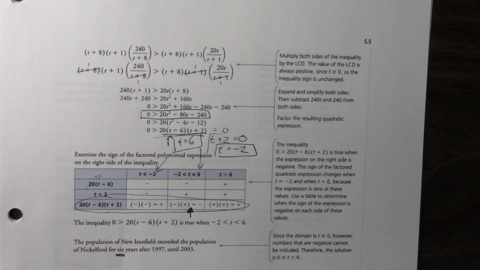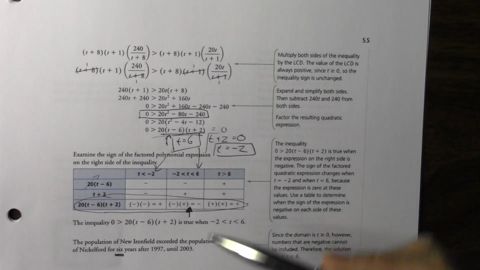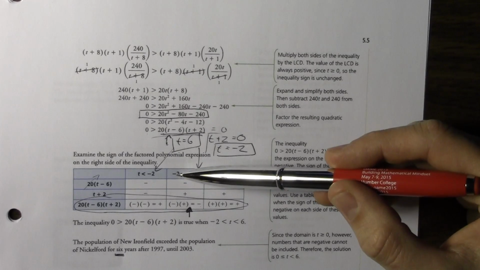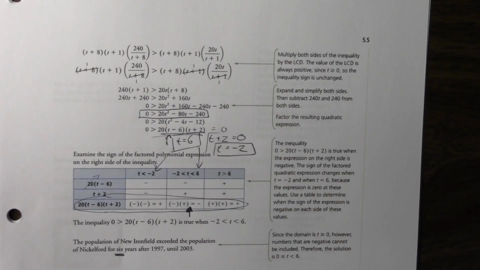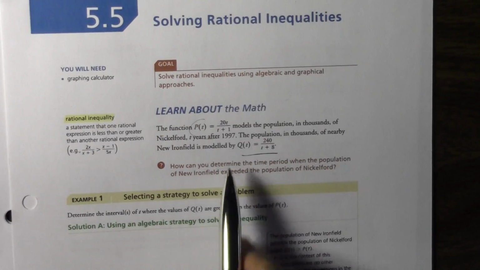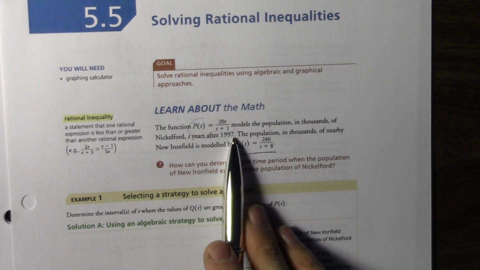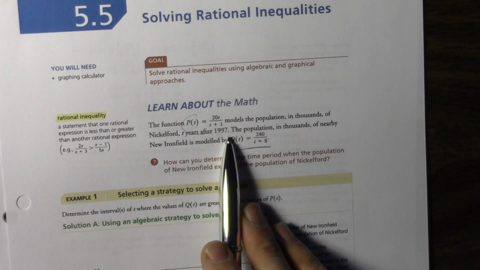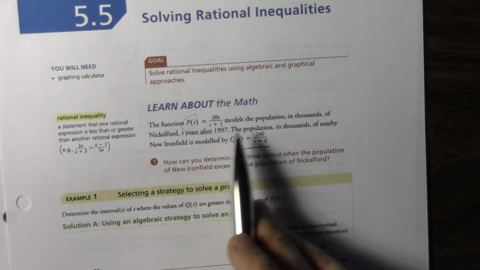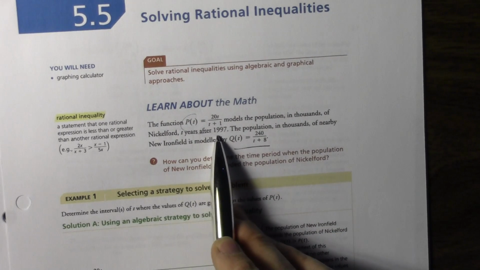Okay, for 6 years and not 8, even though this range is 8. You guys understand that? Okay, sure, I'll repeat that. We don't consider -2 and -1 for t and say that those are the years prior to 1997. You might be tempted to do that because if t is the years after 1997 and I have a negative value of t, you might say, well, that was 1996. No. The reason why is because this equation models population after 1997.